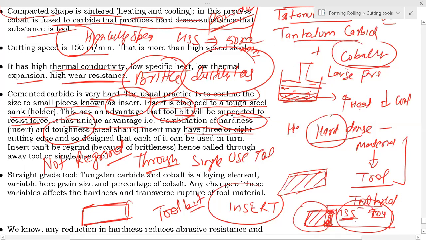Finally both edges become rough and blunt, the sharpness is lost. Then we change the blade. We throw the blade. It is like that only. Once we have used all edges completely and the sharpness has gone, we throw it. We cannot regrind. A very good question is asked.